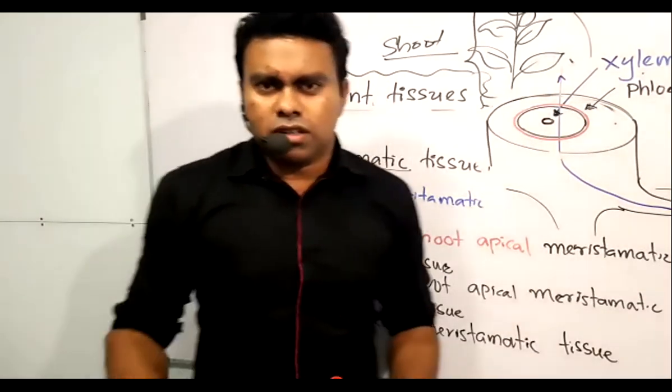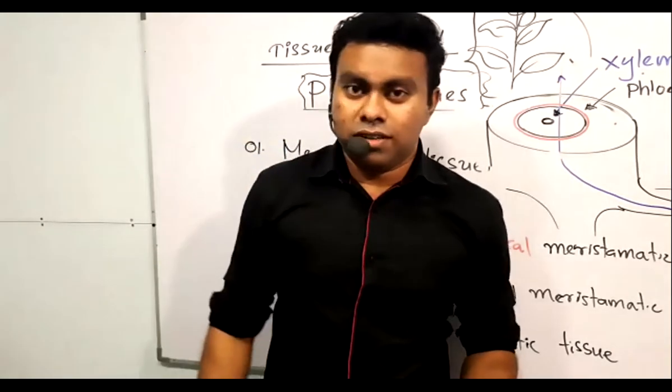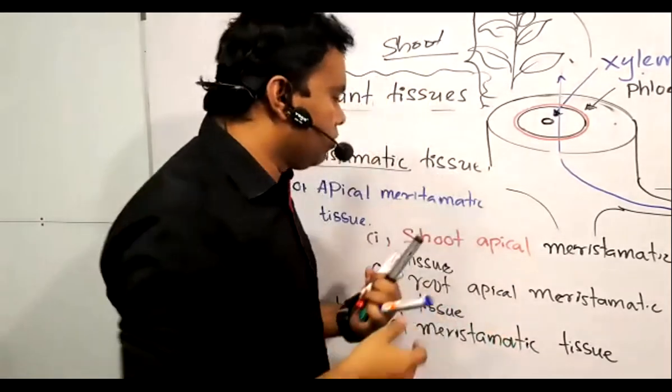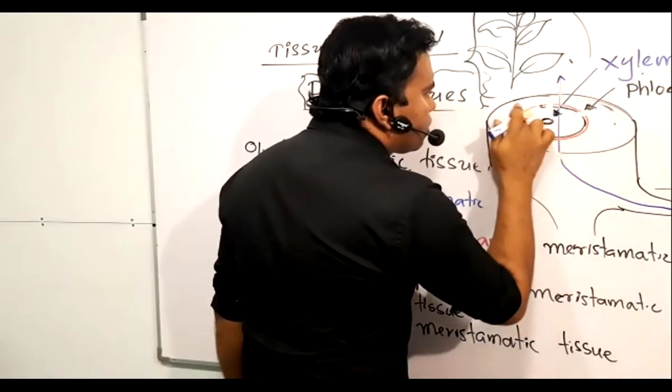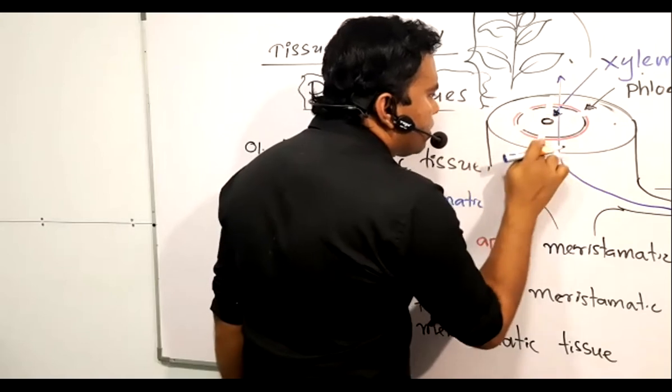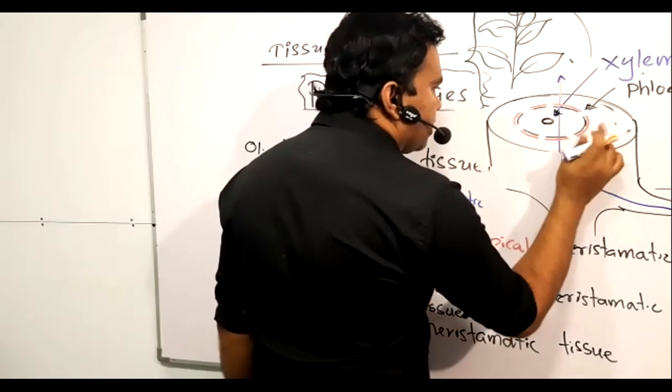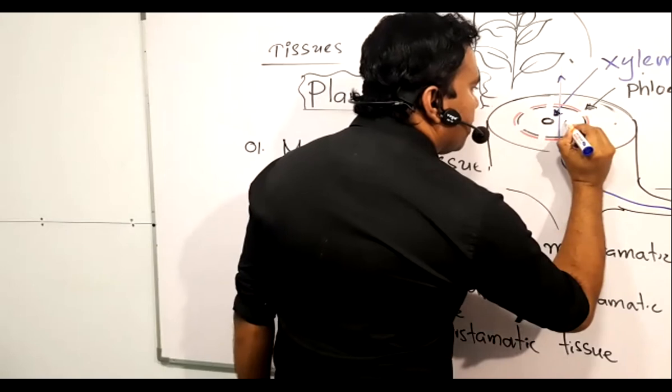But when this plant is very small, very young, like you, these xylems and phloems exist separately, like this.